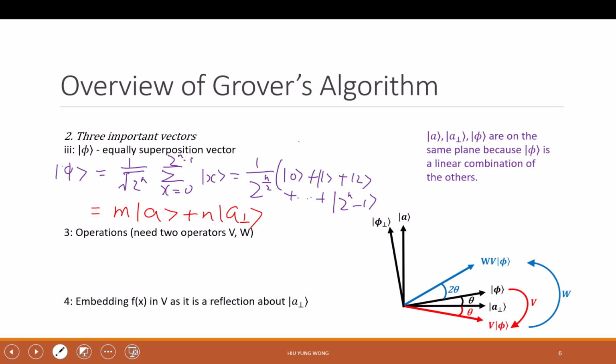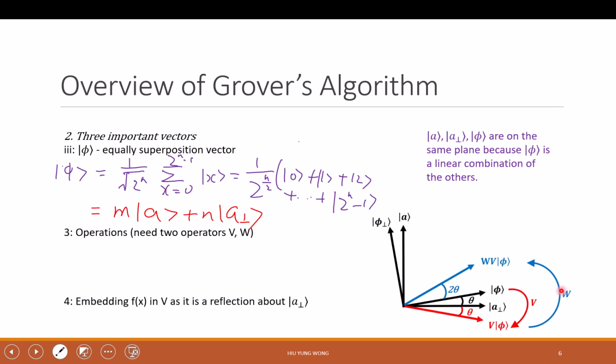Then you always also need to ask yourself, how about the function? You embedded A, but where do we put the function? Because to solve a problem you need to take the function into account. The function is f of A equal to 1 and f of x not equal to A equal to 0. We embed this function in V. So the way it flips about A perpendicular will depend on the function, and because of that, it will be able to help you go to A. And this is very natural.